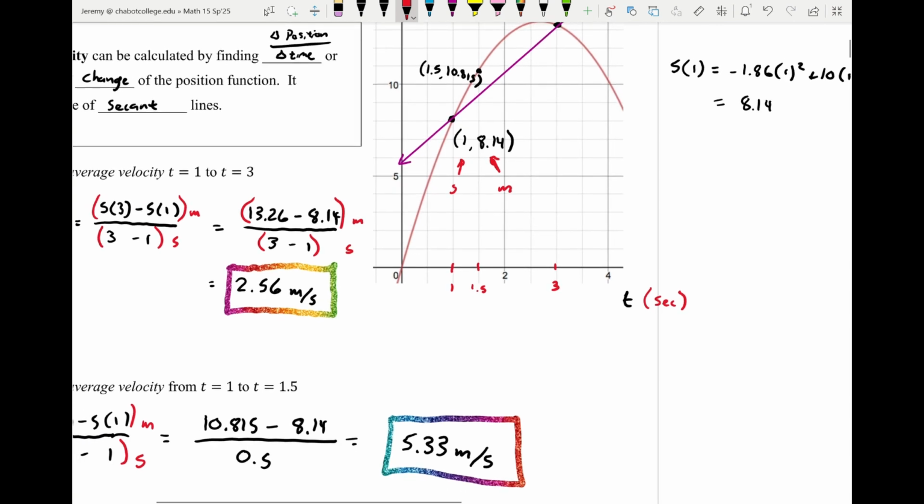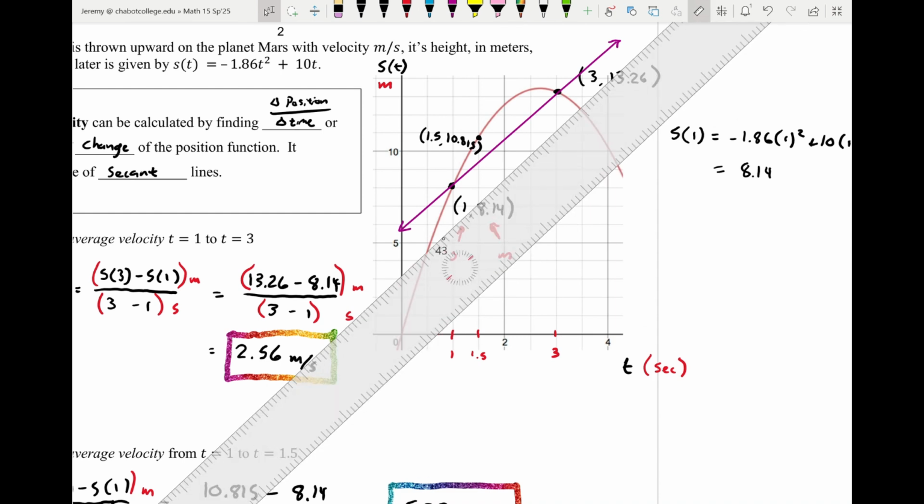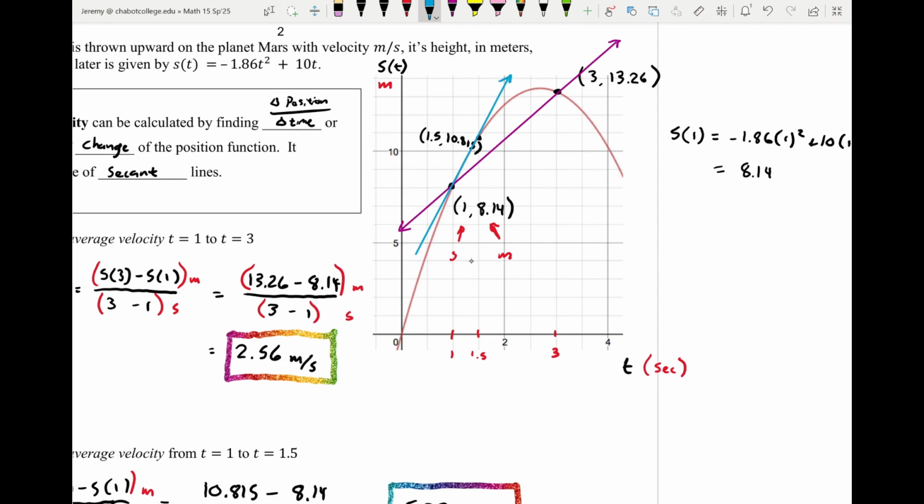The average velocity was greater between 1 and 1.5 than it was over this interval from 1 to 3. Okay, so same starting point, but different average velocities. Or we could draw the graph of the secant line through these 2 points, through t equals 1 and 1.5. I'll do it in a different color. How about in blue? And we see we get a steeper line here.